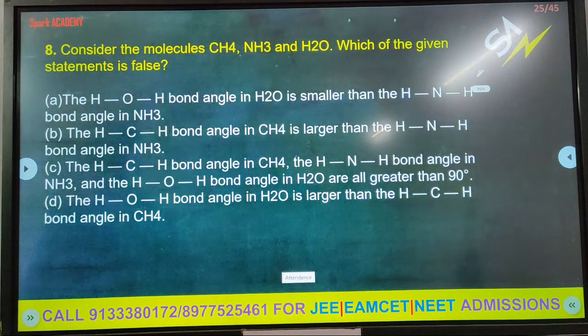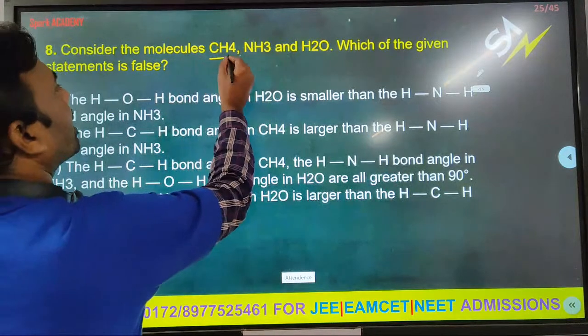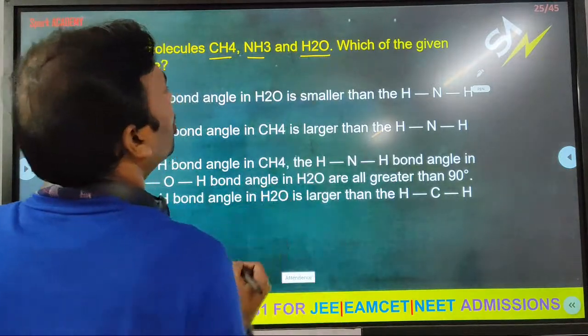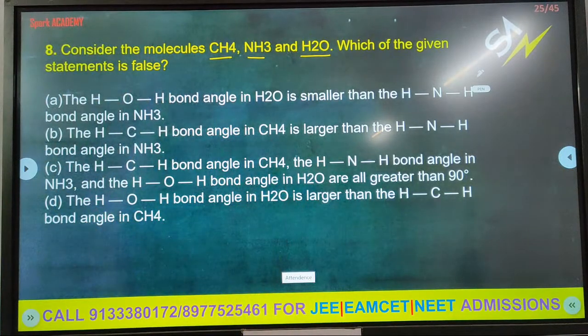Now question number 8. Consider the molecules CH4, NH3, H2O. Which of the given statements is false? First, we have to see the bond angles.